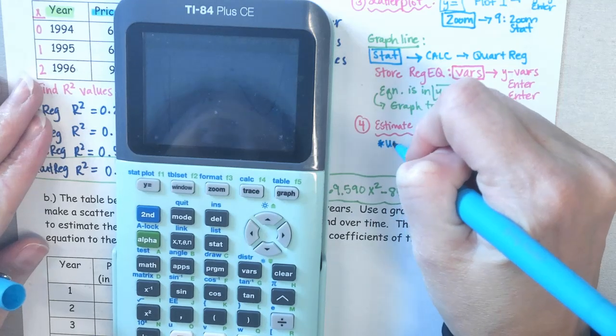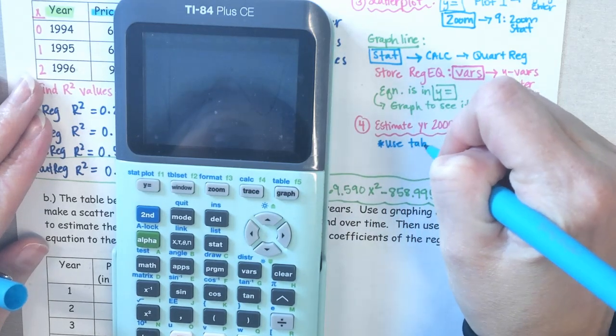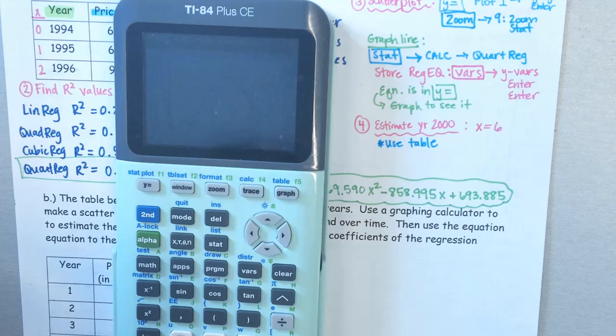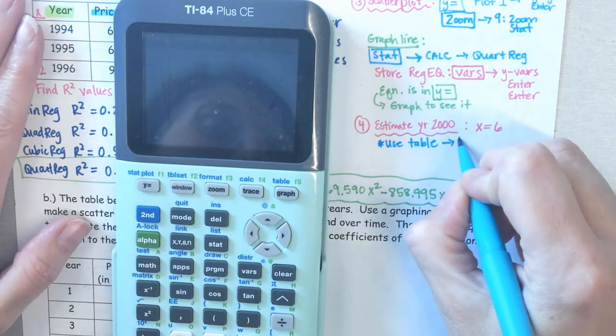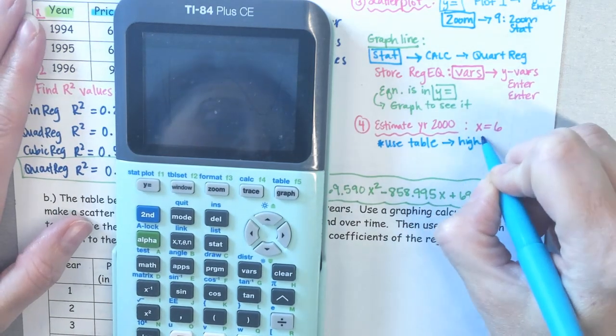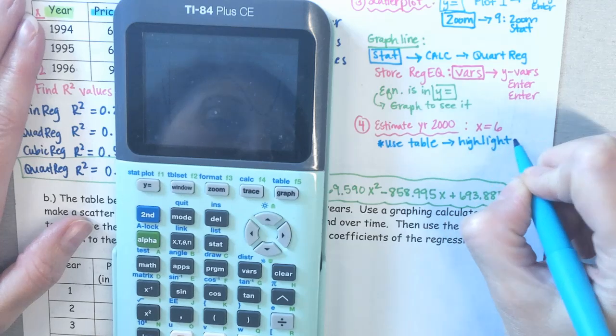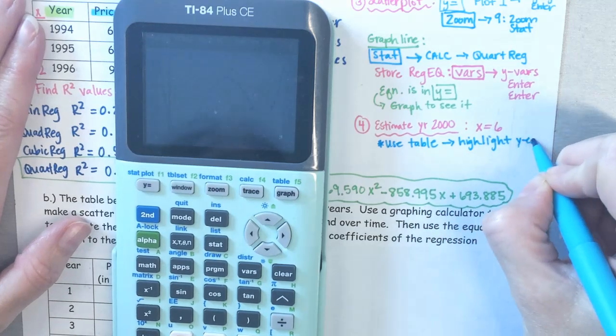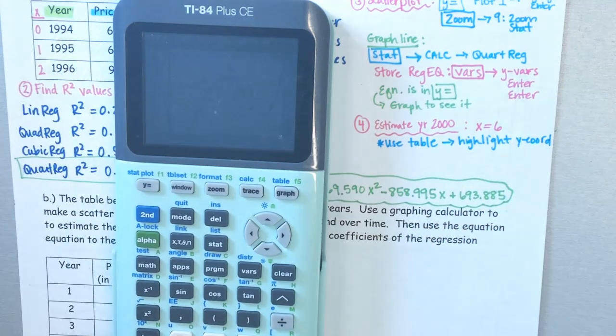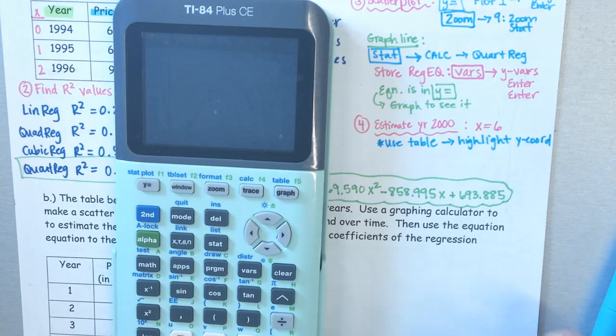When you use your table, you're going to go to the x value of 6, and we're going to highlight the y coordinate. So I want you to go to your table, and I want you to find the y coordinate at 6.